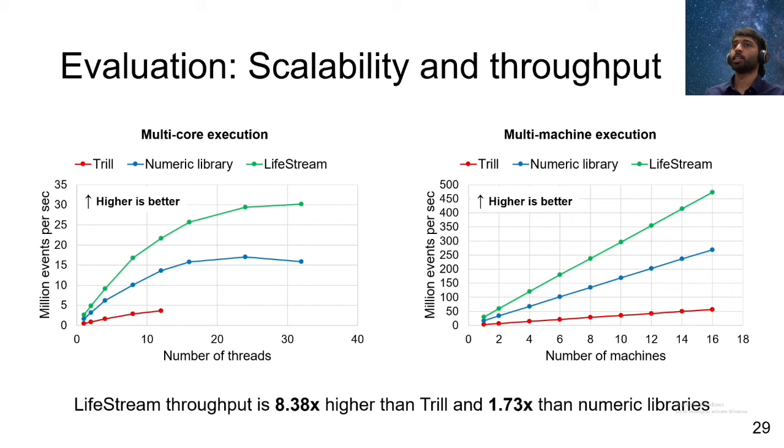And we find that LifeStream is more than 8 times more scalable than Trill, and about 1.73 times more scalable than numerical libraries. We also observe that due to higher memory pressure, Trill cannot be scaled to more than 11 threads in a single machine, while both LifeStream and numerical libraries can be scaled up to 32 threads, which is the maximum number of cores available in that machine.